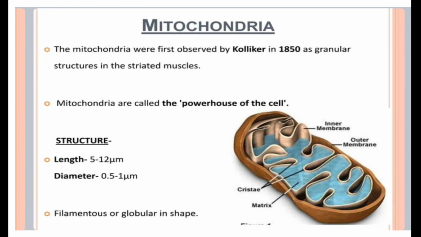You can see that the inner membrane has formed folding structures. These folding structures are called cristae. Inside this folding structure, the blue color is the matrix, which is the same as cytoplasm. You can also see small minute cells inside one big cell.